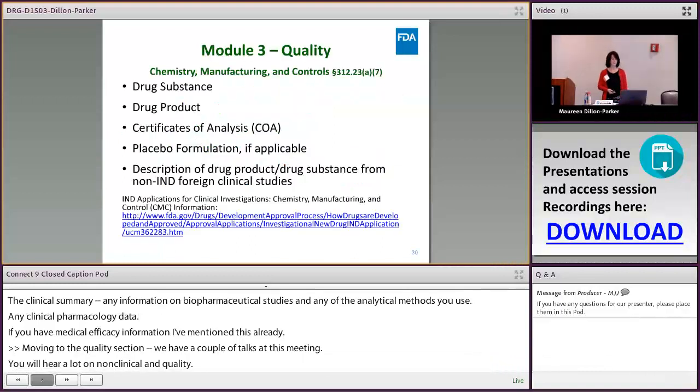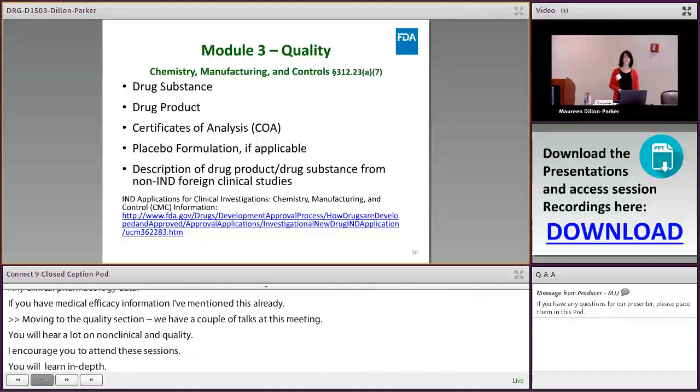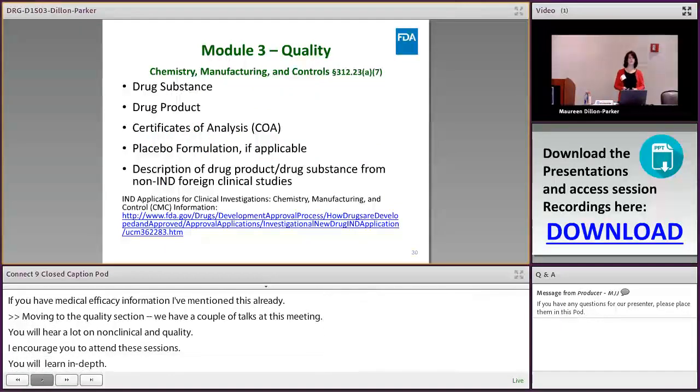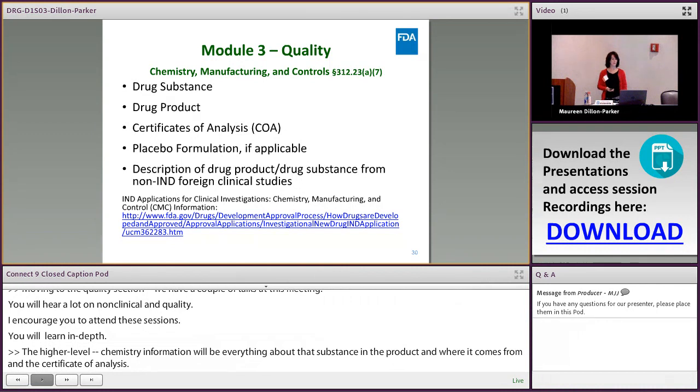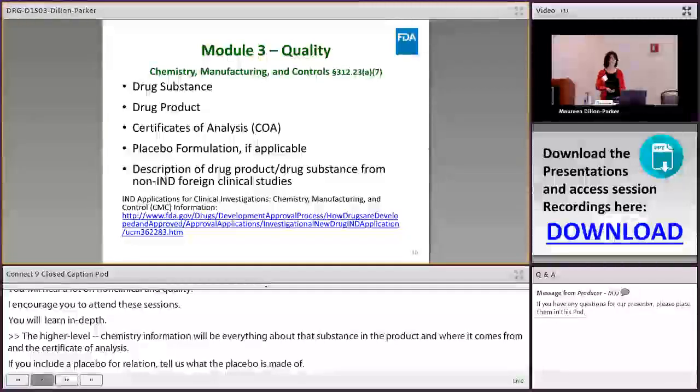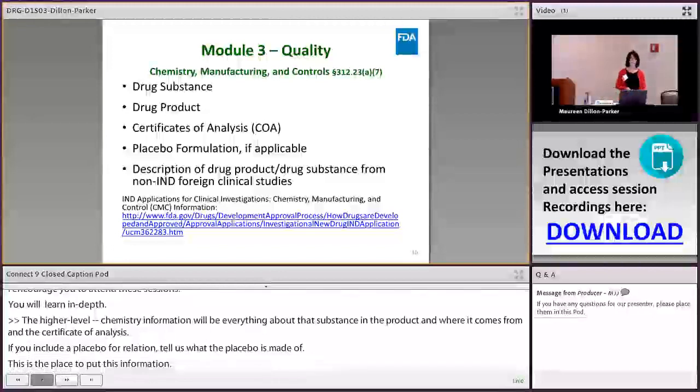So just at a higher level, chemistry information is going to be everything on the drug product, the drug substance, where it's coming from, your certificates of analysis. If you're including a placebo formulation, tell us what that placebo is made up of. This is the place you would put all this information. And then again, if you had any information from foreign sites, you can also include that here.